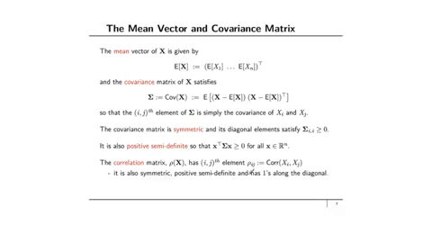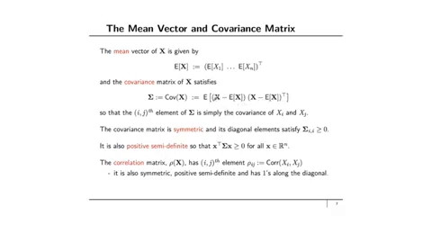Very briefly, I also want to mention the mean vector and covariance matrix of a vector of random variables x. I hope we're all familiar with this already, but let's go through it anyway. The mean vector of x is simply the vector of expected values, the expected value of x1 up to the expected value of xn. And the covariance matrix of x is this matrix of covariances. Formally, it's the expected value of x minus the expected value of x, times x minus the expected value of x, transpose.